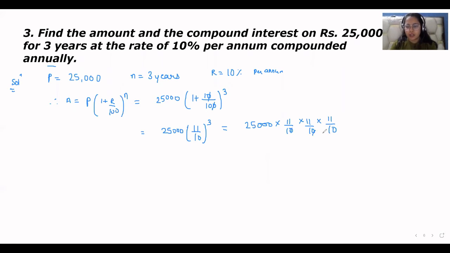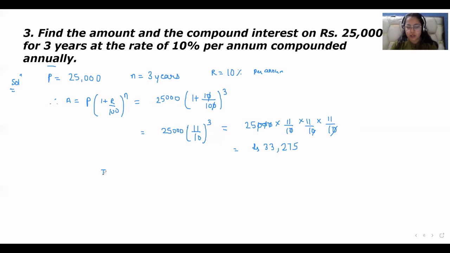After eliminating the zeros of 10 with the zeros of 25,000, all that is left is 25 times 11 times 11 times 11. After multiplying them, we get rupees 33,275. So this is our amount for the 3 years.